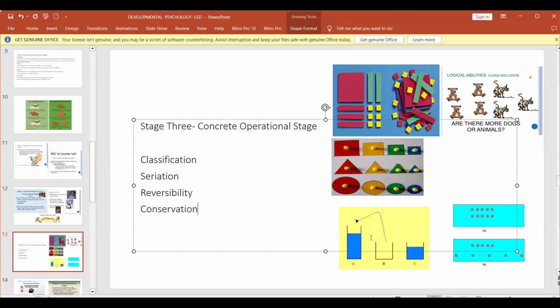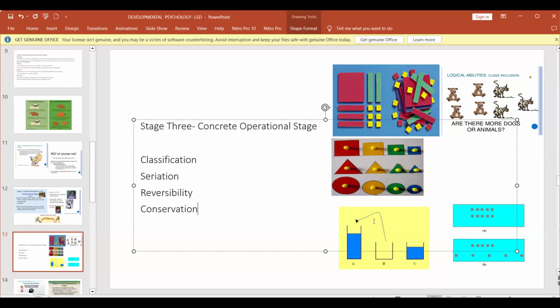Here, there are 2 glasses of the same size, short and spout, B and C. Then in front of the child, you pour water from one of the glasses into A.